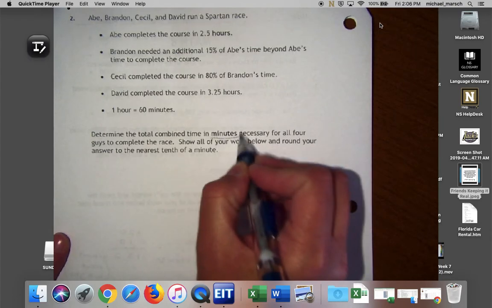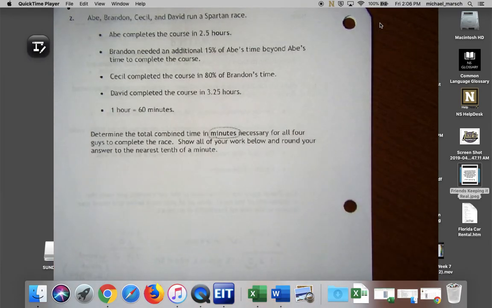Everybody circle that word minutes. So we need our time in minutes. How is it given to us in our question? Hours. So since we're going to be adding up and taking percentages of different time, we're going to go ahead and convert everything to minutes first.